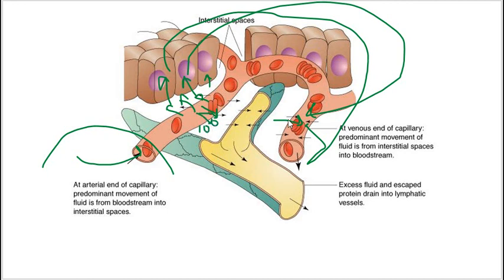Out of that 100, let's assume that 80 ml went back into the capillary at the venule end. What happened to the other 20 ml? The other 20 ml of that fluid will enter the lymphatic capillary. Lymphatic capillary will drain into the lymph vessels, and the lymph vessels will drain it back into the circulation.